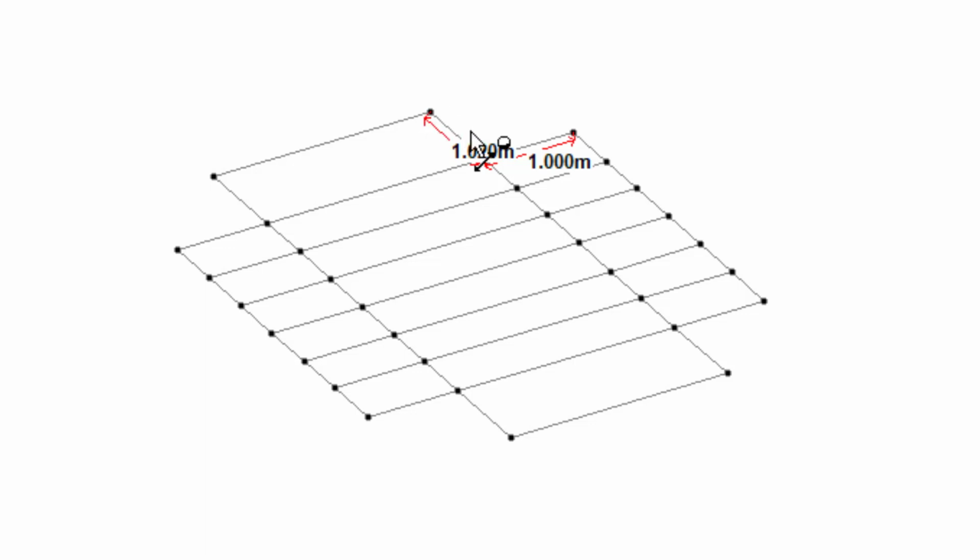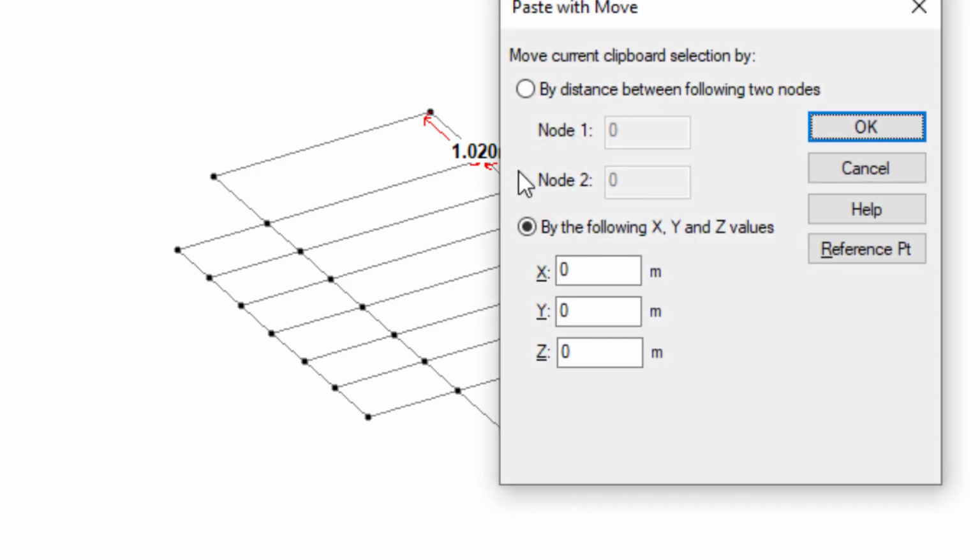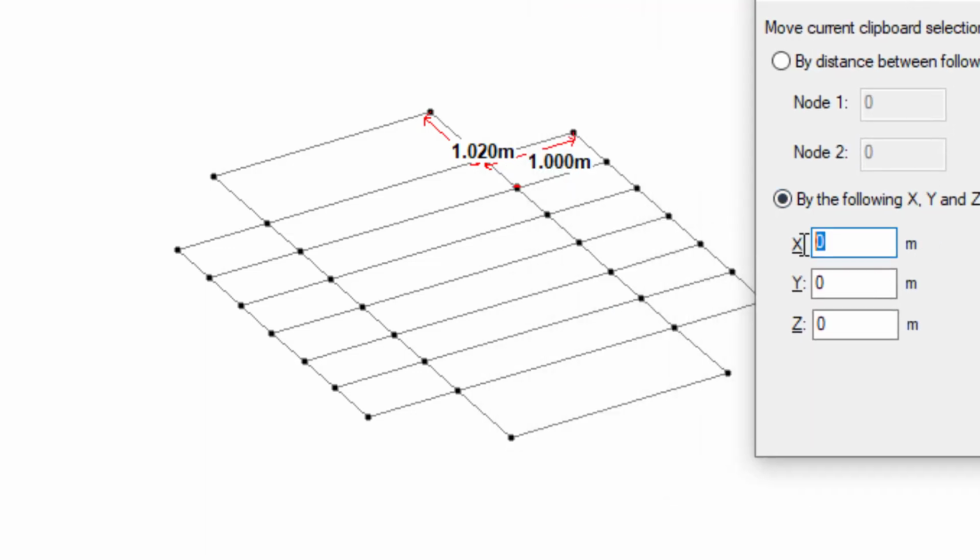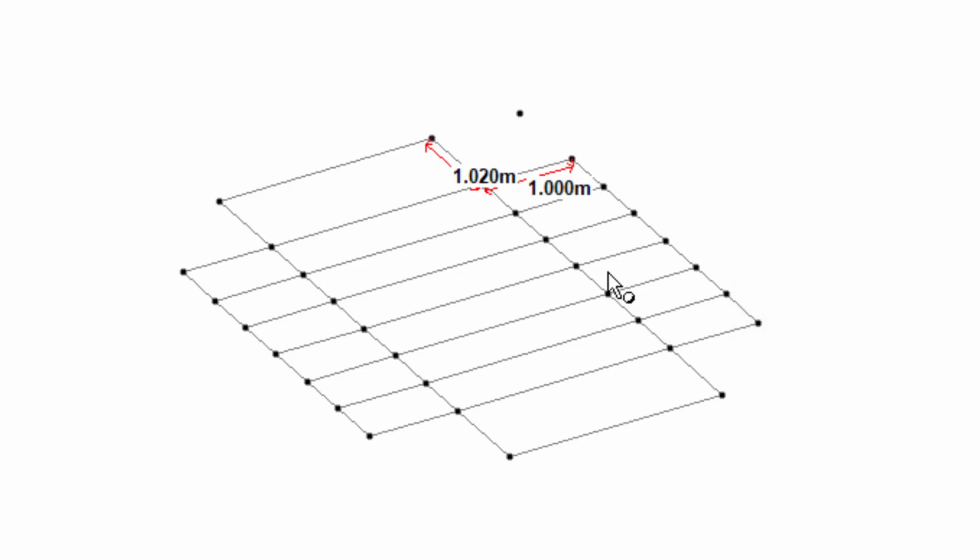So let's do that immediately. Go to the node cursor, select the node there, click Ctrl C, Ctrl V. To X direction is 1, to Z direction is -1.02. We say okay. Wonderful.